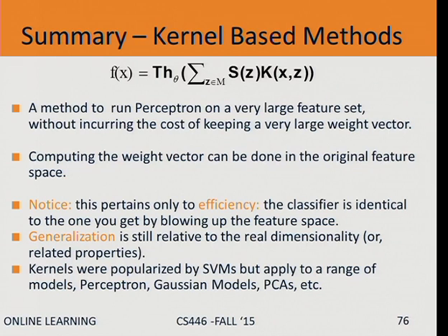So it's a method to run perceptron on a very large feature space without incurring the cost of keeping a very large weight vector. Instead, we incur the cost of keeping examples, those examples on which we've made mistakes. But we've shown that sometimes we can actually compute this dot product in a very efficient way, and therefore it's worthwhile to do this duality.